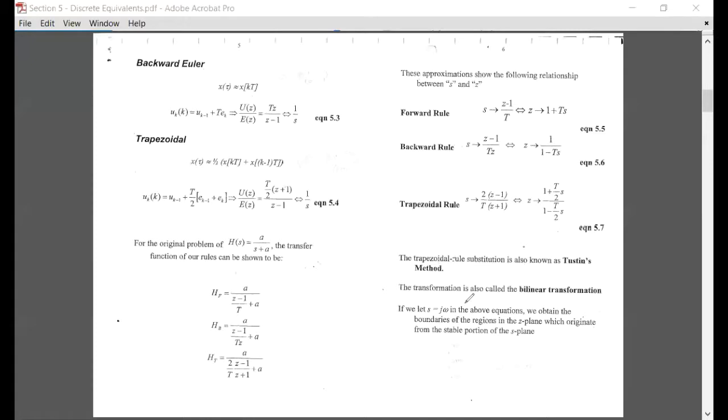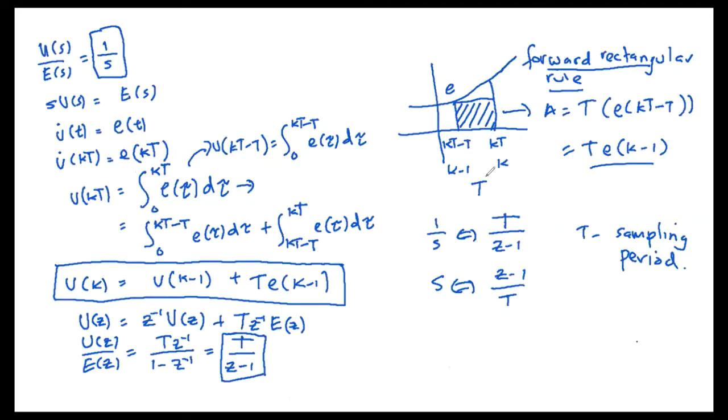Now let us look at a different approximation method, which is the backward rectangular rule. So the only difference in the backward rectangular rule is the way we approximate the area under the curve, as I have shown you previously. So if I go to my whiteboard, over here we used the forward rectangular rule.